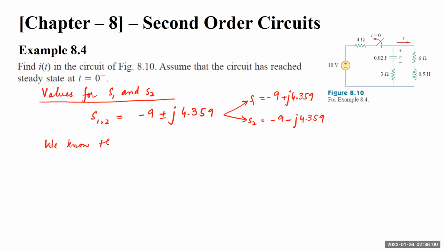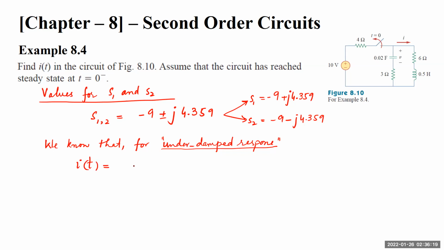And we know that for an underdamped response, the natural response of our current will look something like this.